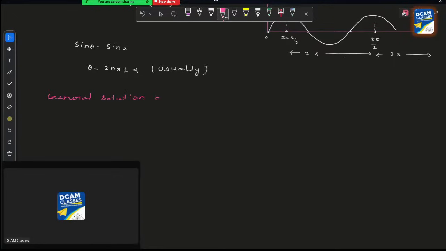General solution of standard trigonometric equations.